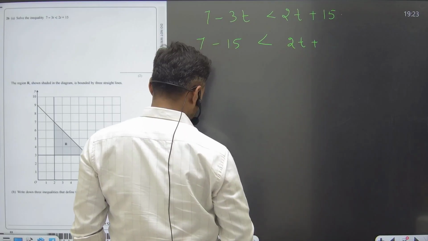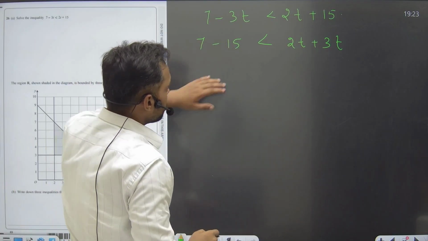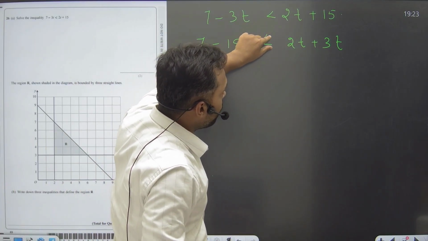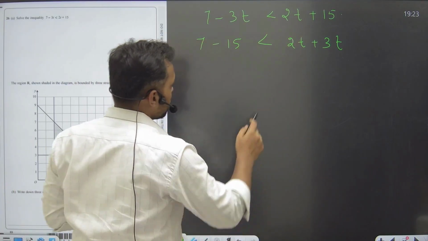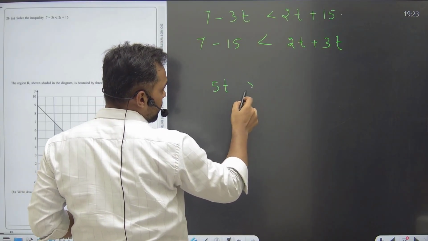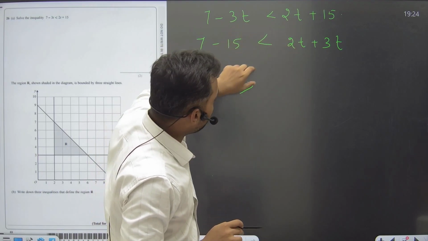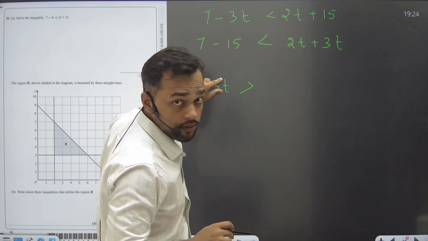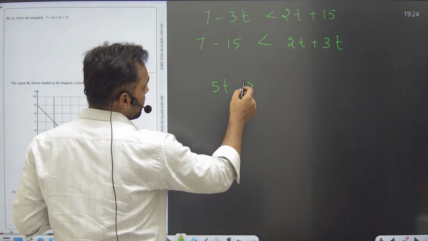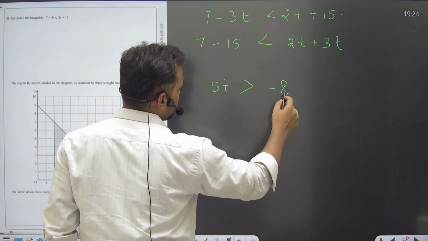Okay, now we can see that this bracket is open toward the t side. So 2t plus 3t will be equal to 5t, which will be greater than, don't get confused here, the bracket is open towards the t side, so I am writing this t part here. So 5t will be greater than 7 minus 15, which is equal to negative 8.